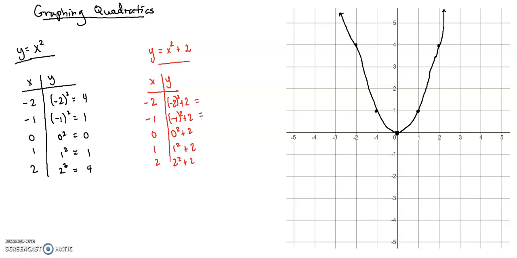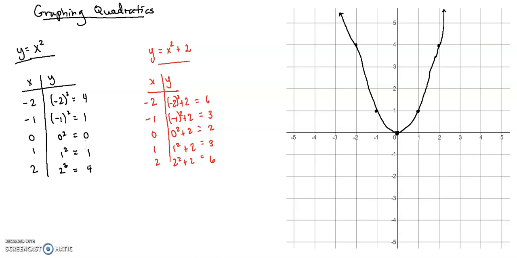So you see it kind of looks the same for all of them. For all of them, we're going to square it and then add 2. That's what order of operations says. So we're going to get 4 plus 2 is 6, 1 plus 2 is 3, 0 plus 2 is 2, 1 plus 2 is 3, and 4 plus 2 is 6. Now you might see a pattern emerge here.